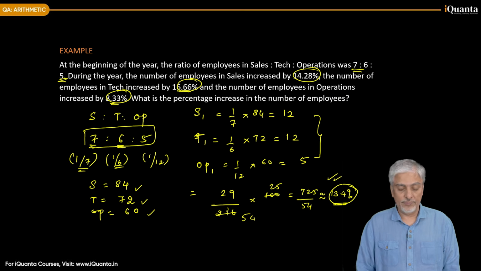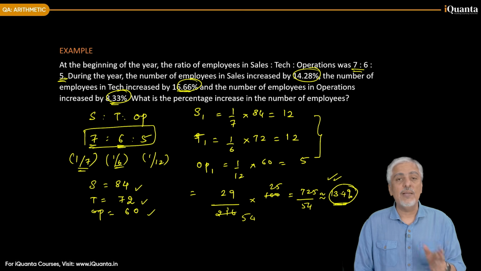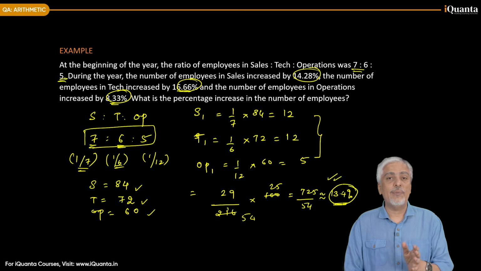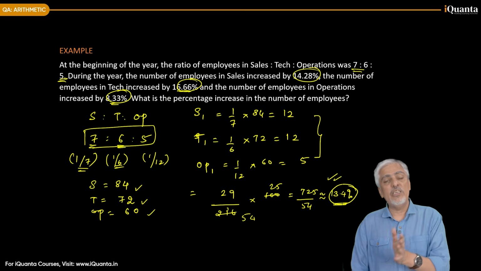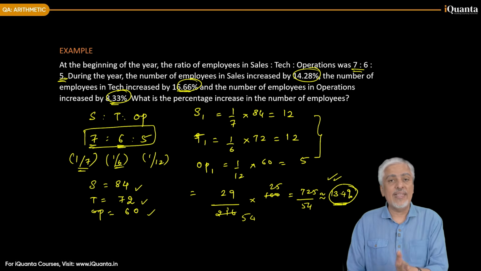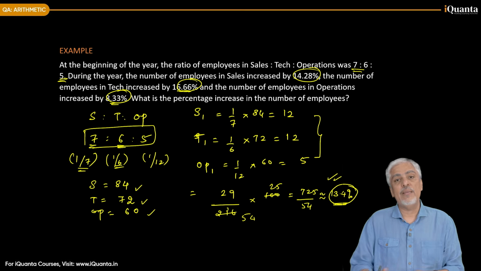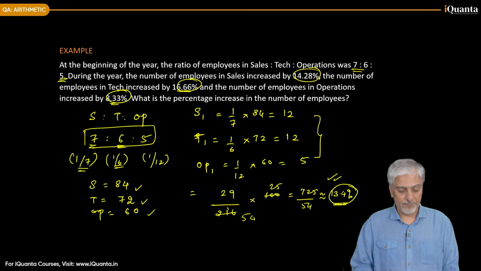One more rule I want to explain: when you're using three numbers for change, don't blindly apply the formula of A plus B. You can finish two numbers, get the answer, and then apply it with the third number. Don't make a formula of your own like A plus B plus C plus ABC upon 100. It doesn't work. Remember that very carefully.